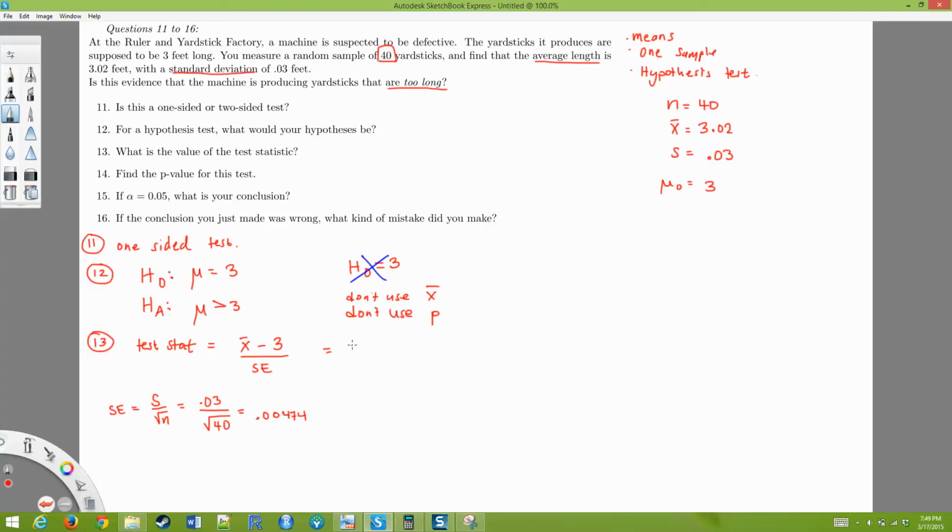And so my test statistic is going to be x bar 3.02 minus 3 divided by, and actually let me just add on a few more decimals here, 0.0047434. Okay? And if you keep all of those decimals, your test statistic ends up being 4.216. So that is our test statistic, 4.216.